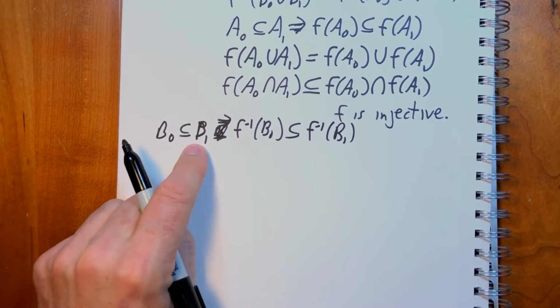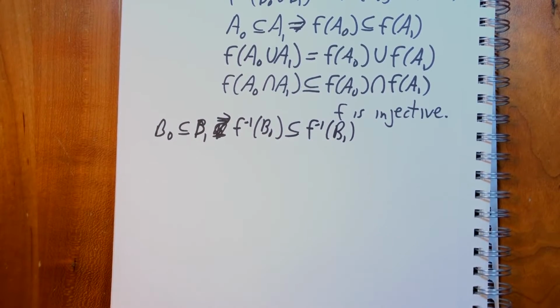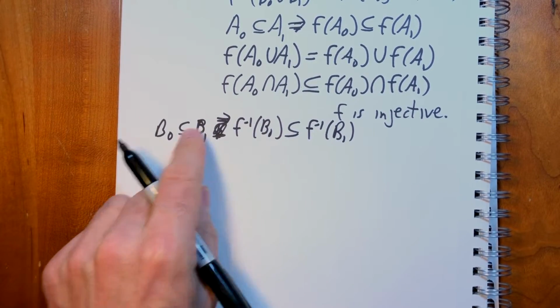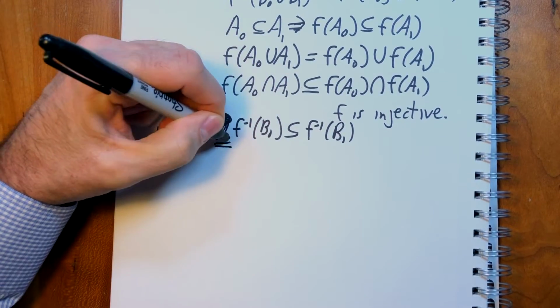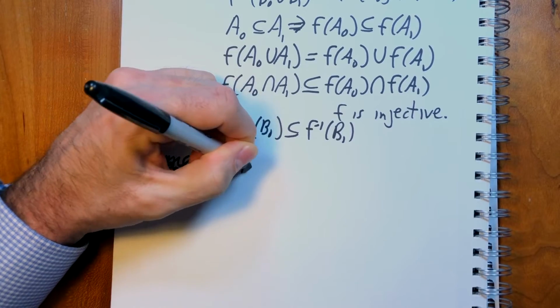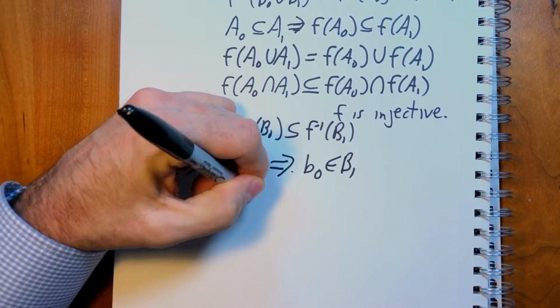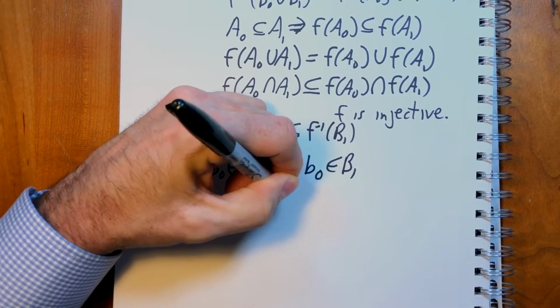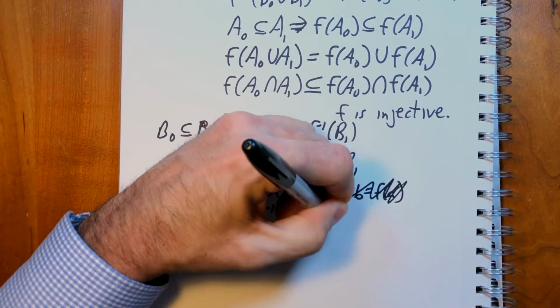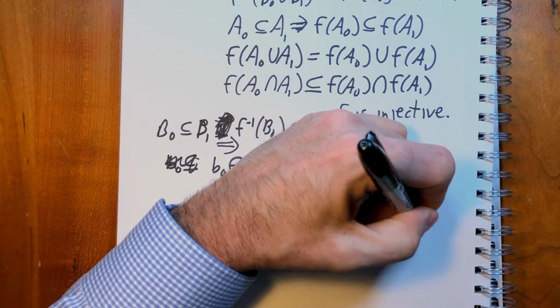So if B0 is a subset of B1, that implies that the preimage of B0 is a subset of the preimage of B1. So we assume the left, and then we're going to prove that that implies the right. So take an arbitrary element of B0. That means that it's also an element of B1. Now, just to remind us, this means all of the A such that f of A is an element of B0.